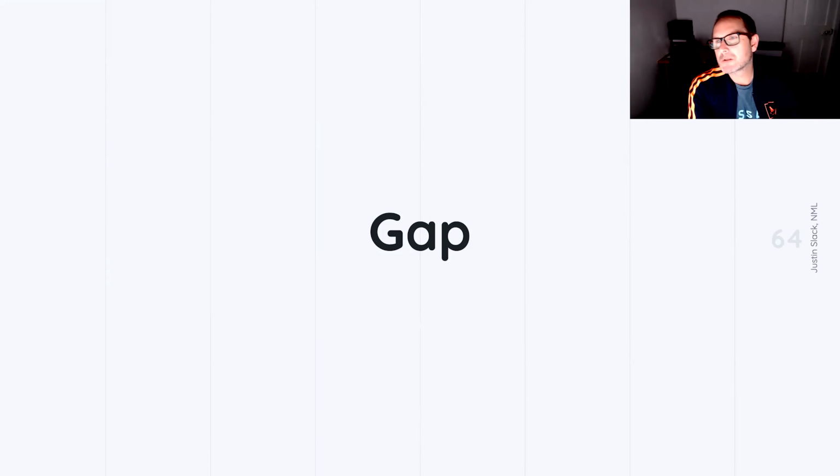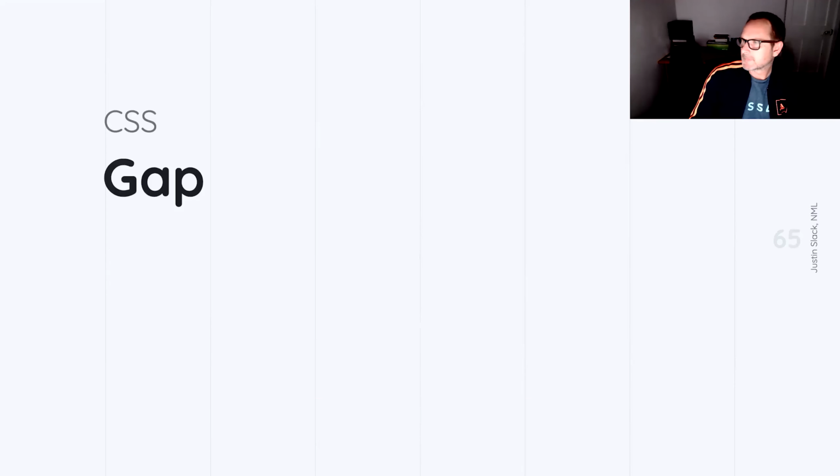Even with Flexbox, up until recently, if you wanted to create some kind of a grid, you generally had to use a negative margin and then a flex basis where you would use calc to subtract that margin from a percentage width or something like that, which was never great. But gap removes all of these problems.